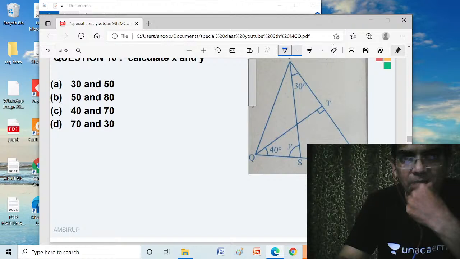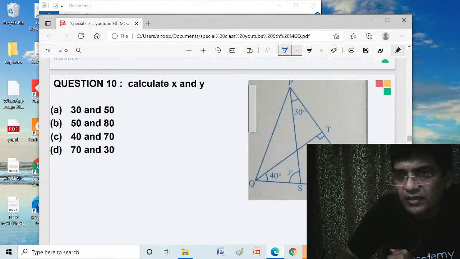So let's try this one now. They say calculate x and y from this figure. First of all, I can solve triangle QTR. In this triangle, one angle is 90, one is 40, and the third one is x.